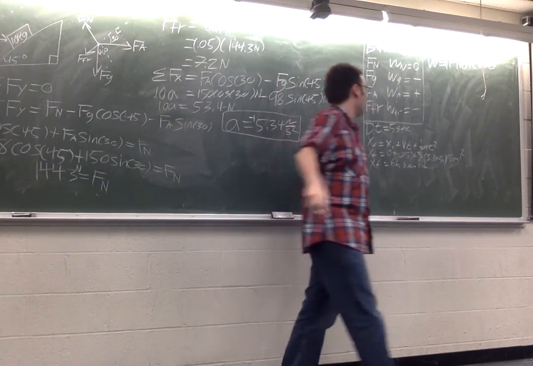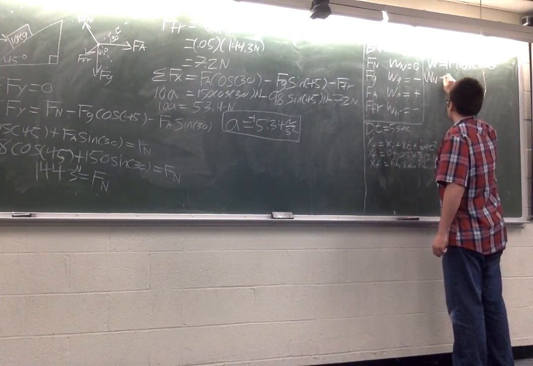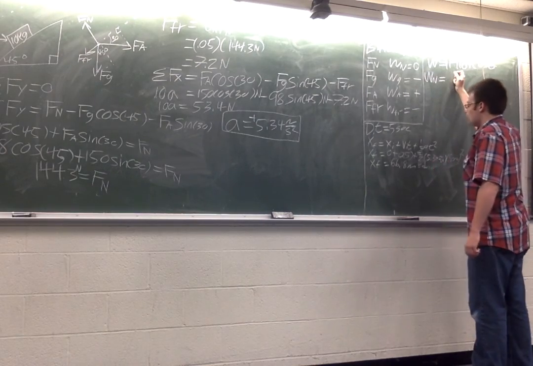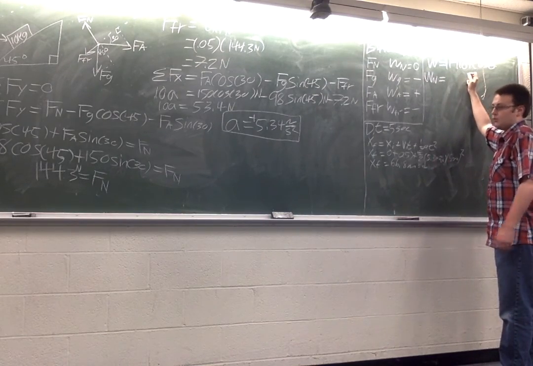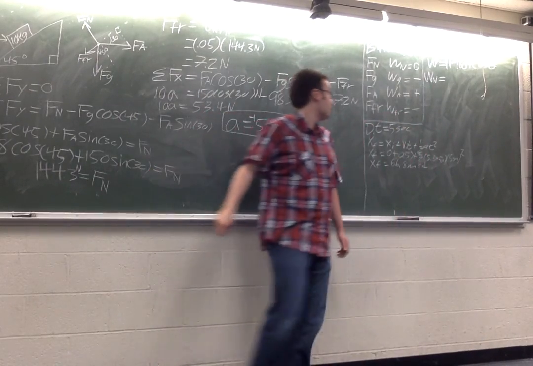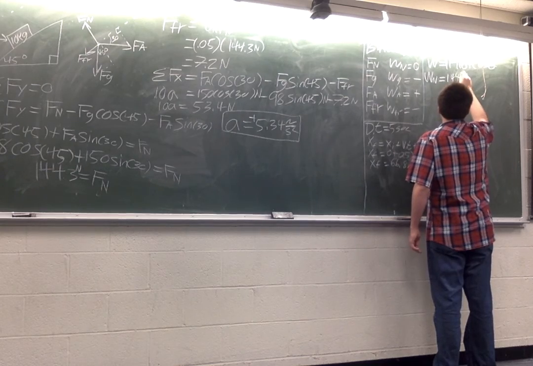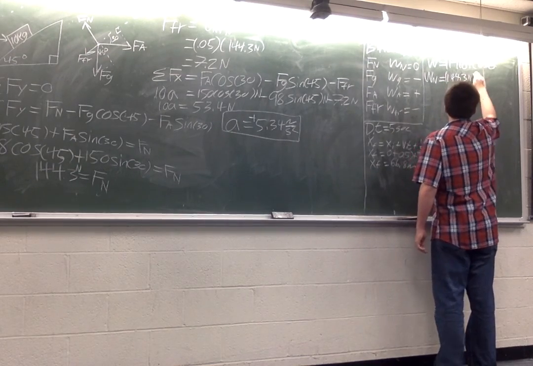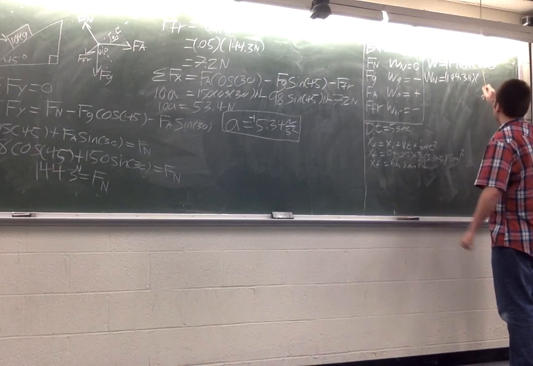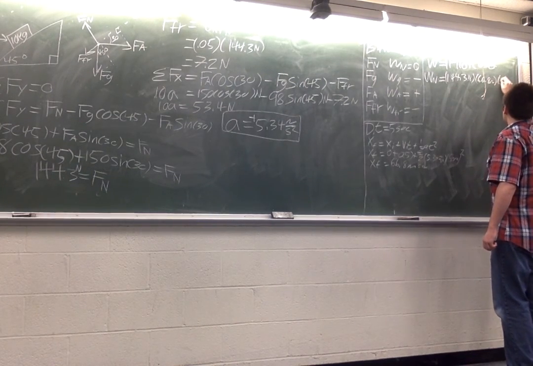So the work done by the normal force is equal to the force done by the normal force times the distance. The normal force we calculated to be 144.3. So we get 144.3 times 66.8 meters times cosine.